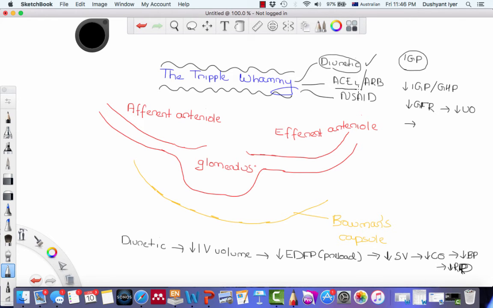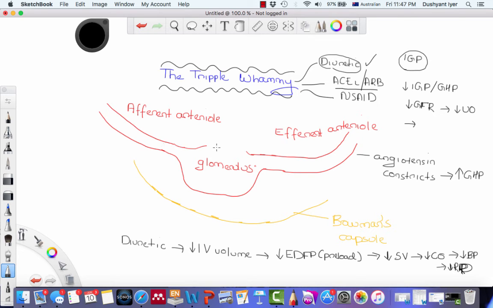What about your ACE inhibitor or your angiotensin receptor blocker? Well, angiotensin usually constricts the efferent arteriole. The effect this has is to raise the glomerular hydrostatic pressure.